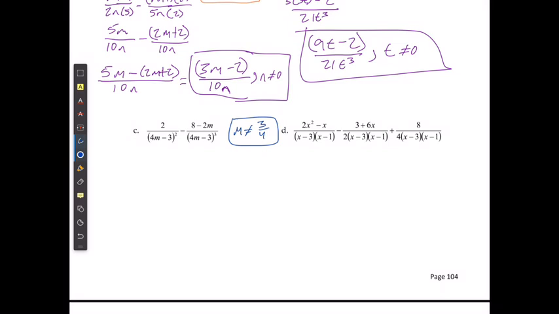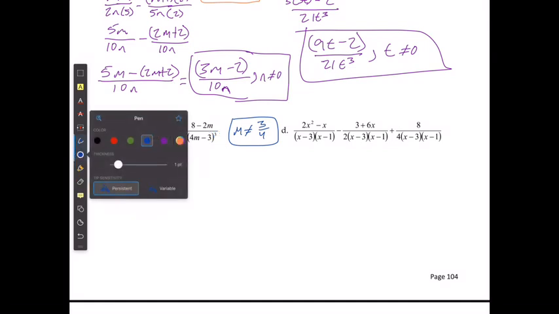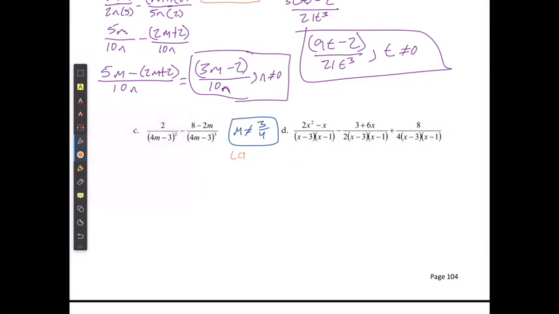I can see that this one has 2 of the 4m minus 3's, this one has 3 of the 4m minus 3's, which means that my lowest common denominator is going to equal 4m minus 3 to the power of 3. So I need to multiply the top and the bottom of the first set by another 4m minus 3 to make them match.